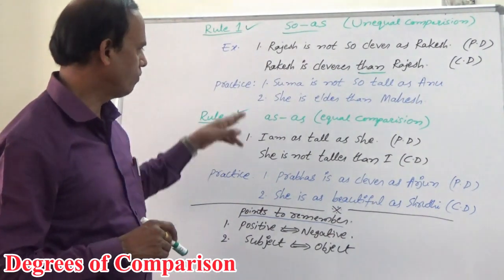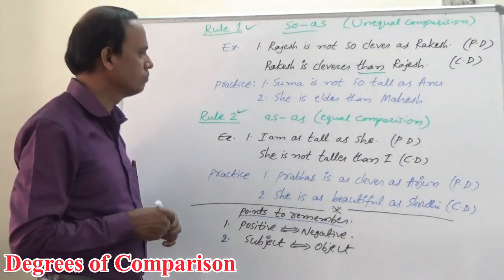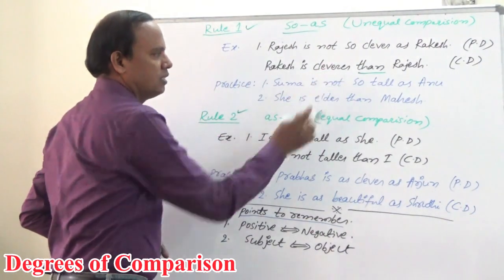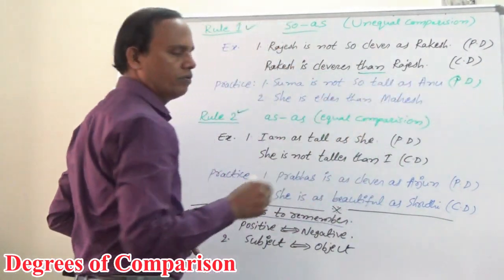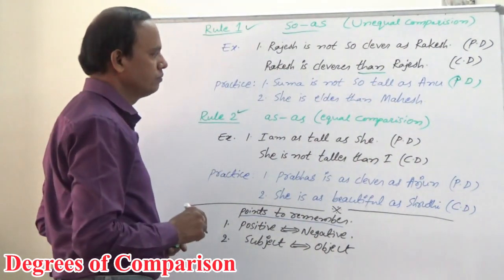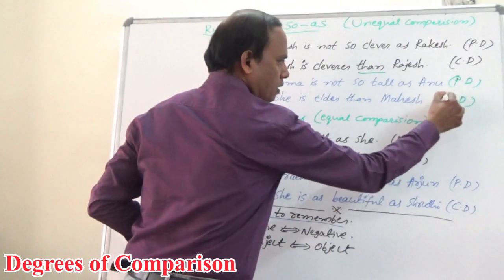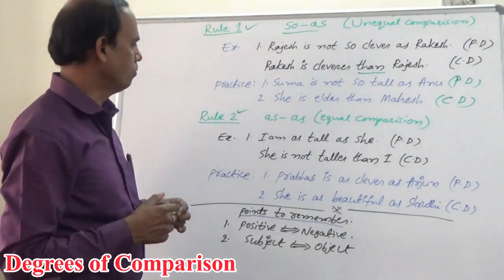I have given you practice sentences also. 2 sentences are given. This one is in positive degree; you can change it into comparative degree following the rules. This one is in comparative degree; you can change it into positive degree following the rules.